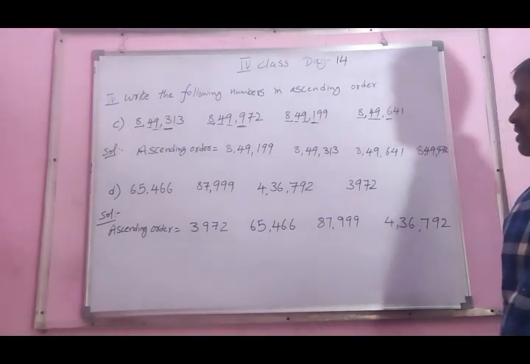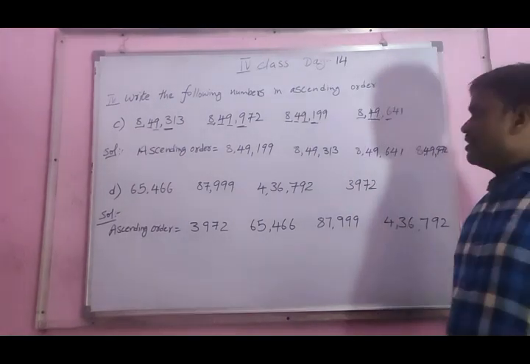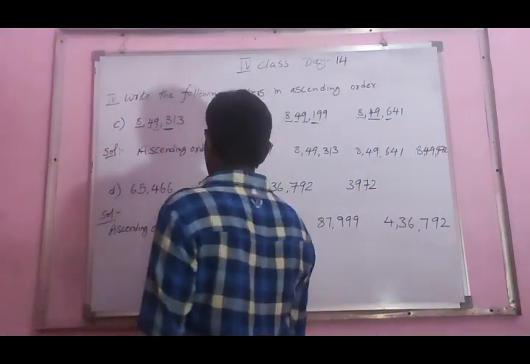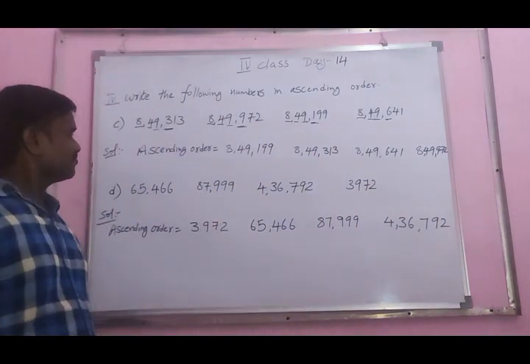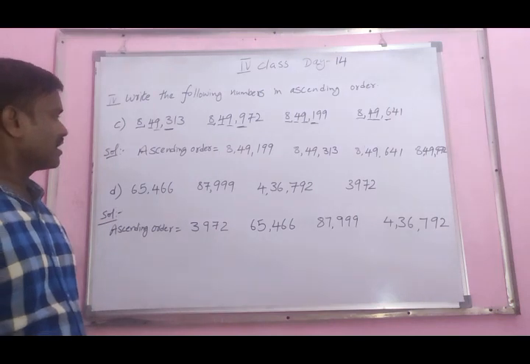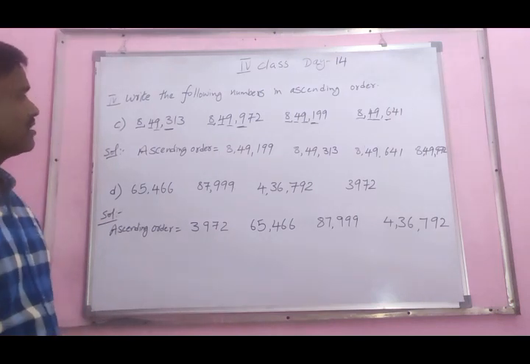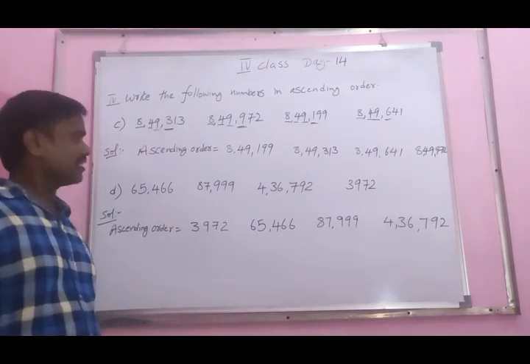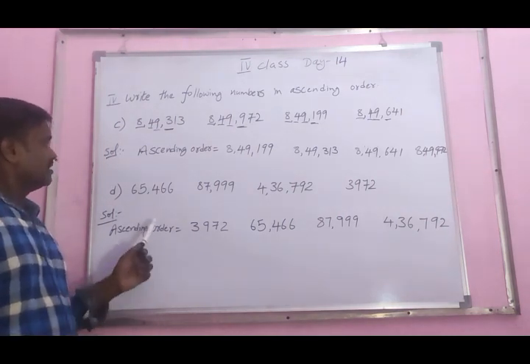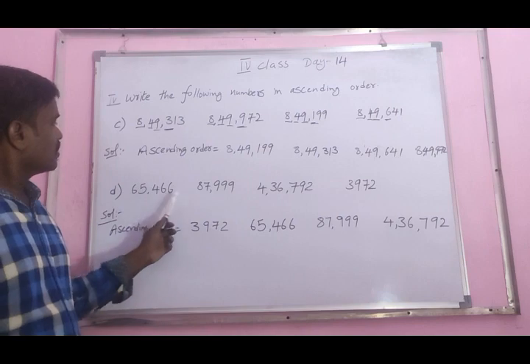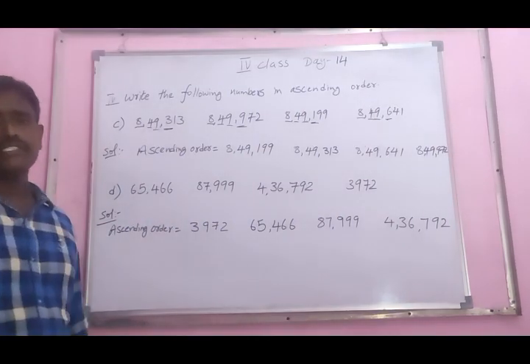Next 3 numbers are 65,466, 87,999, 4,36,792. In these 3 numbers, two numbers are of 5 digits.